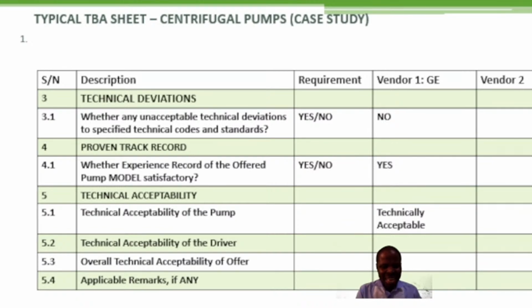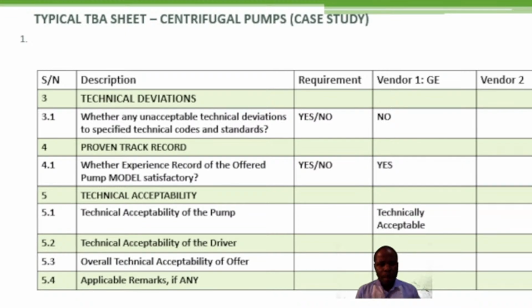Now, is there any deviations to your listed design conditions, your design requirements, your project specifications? Is there any acceptable technical deviations? Is there any unacceptable technical deviations to specified technical codes and standards for the vendor? So if it is yes, you will indicate for a particular vendor.